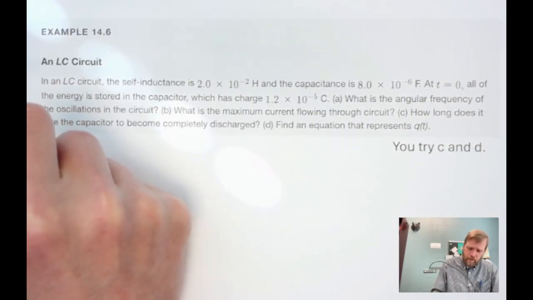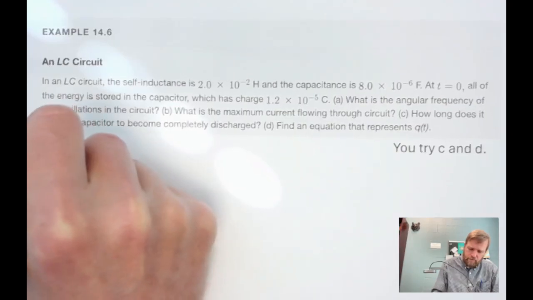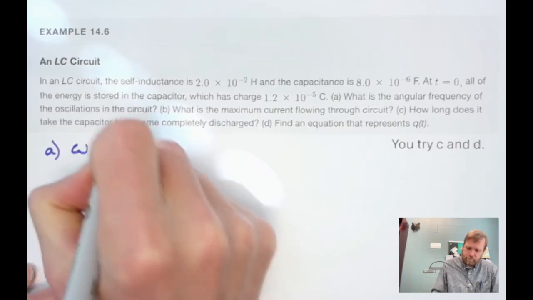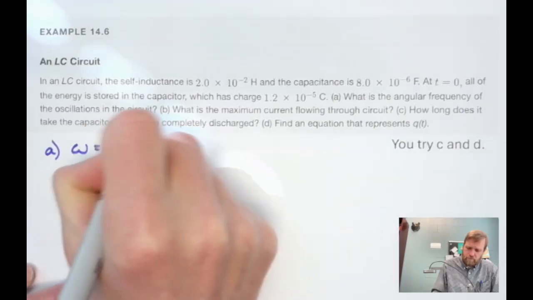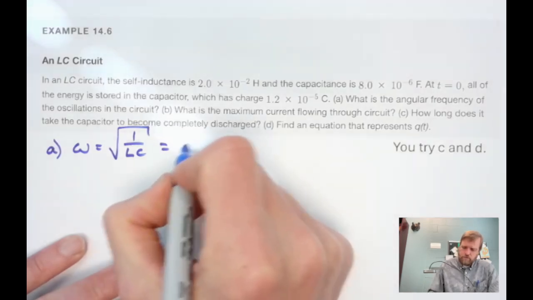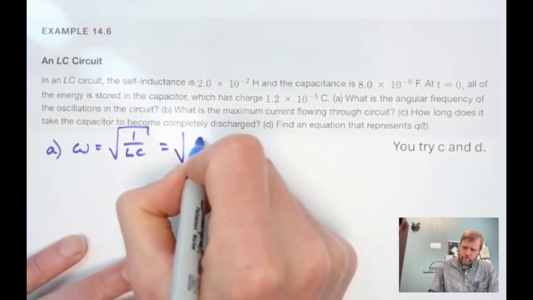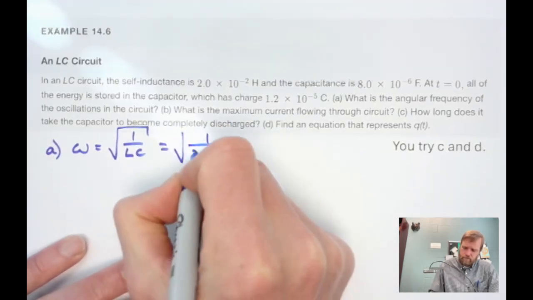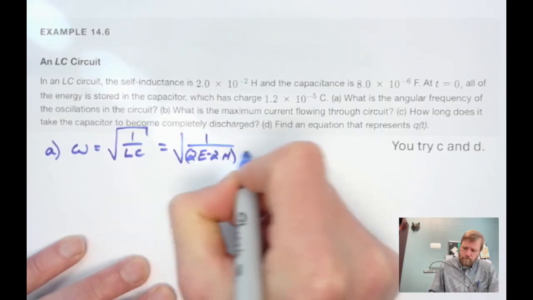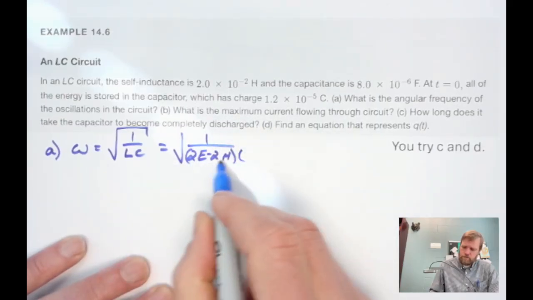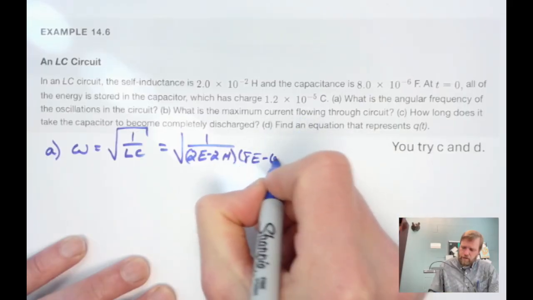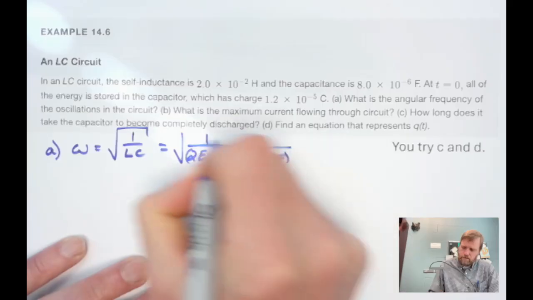Okay, so for part A, the angular frequency is omega. So that's 1 over root LC, which is 1 over the square root of 2 times 10 to the minus 2 Henry and 8 times 10 to the minus 6 farads.